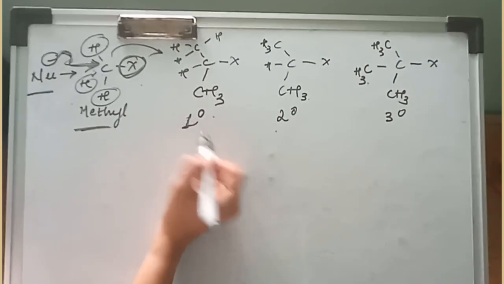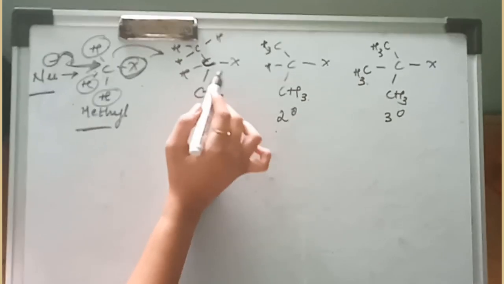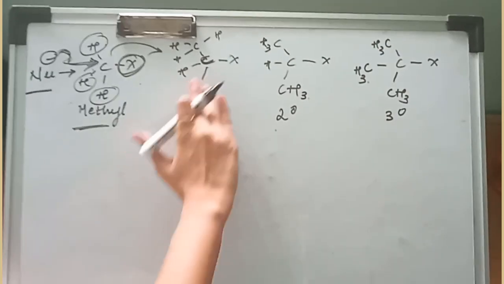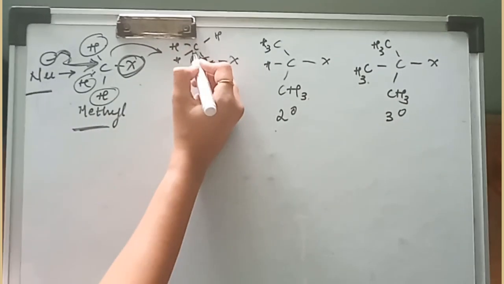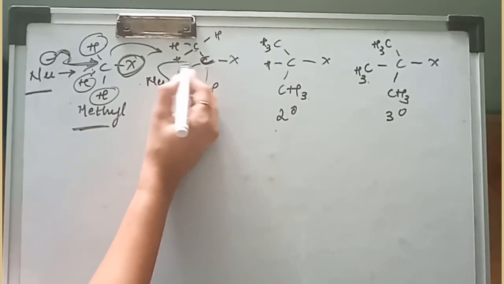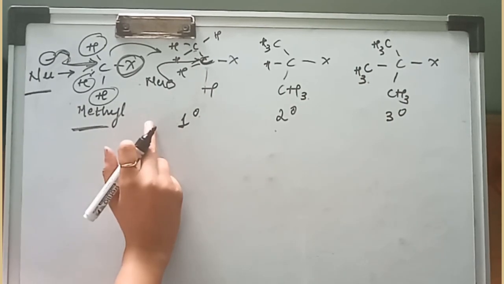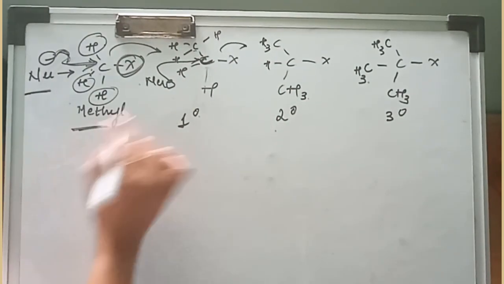Whereas in case of primary alkyl halide, the carbon is attached to one another carbon. So how will the nucleophile attack here? The attack of the nucleophile, no doubt, takes place, but less compared to this one.